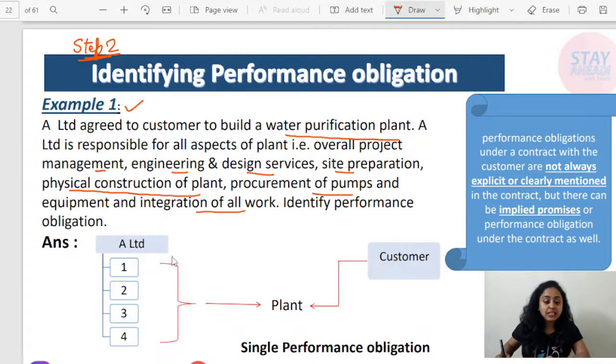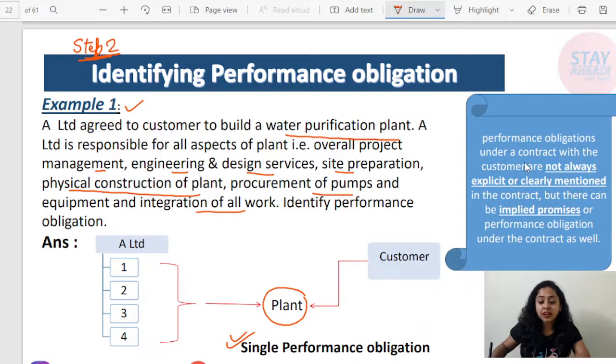All these will be added and recorded as one plant, and one plant is being transferred to the customer, and that's why it is a single performance obligation.